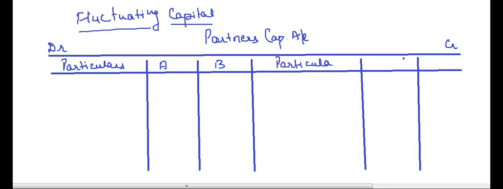So let's see under the fluctuating capital, partner's capital account. Now what is the balance in the capital accounts? The balance in capital accounts is, for A it is 60,000 and for B it is 20,000. We'll say by balance brought down 60,000 for A and 20,000 for B. Clear?